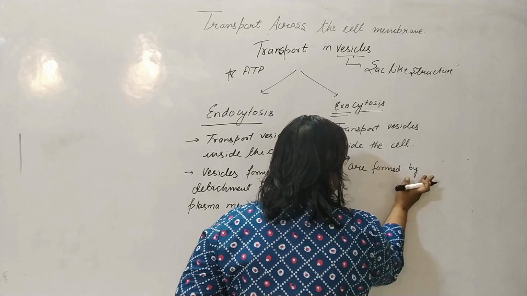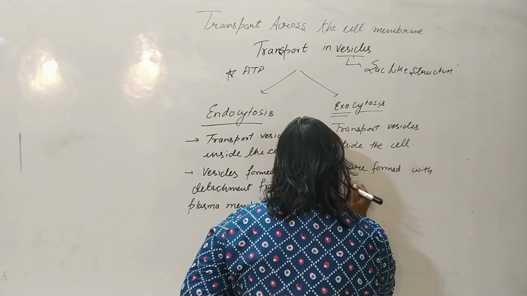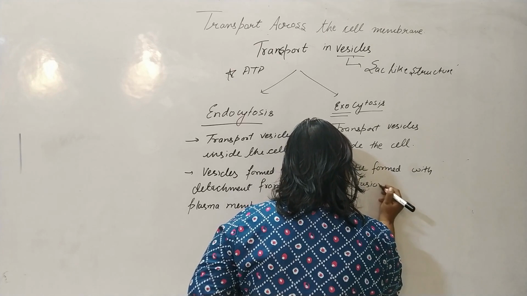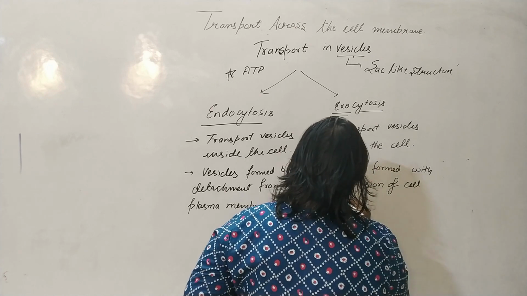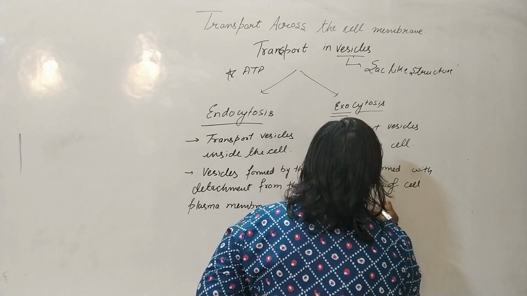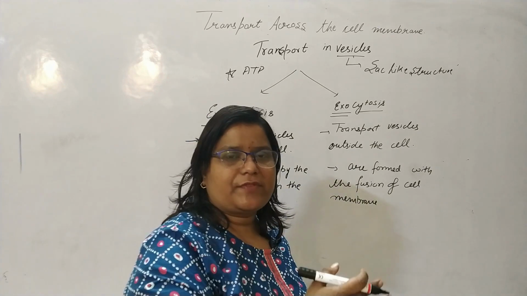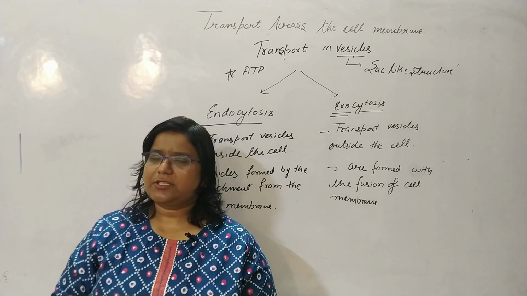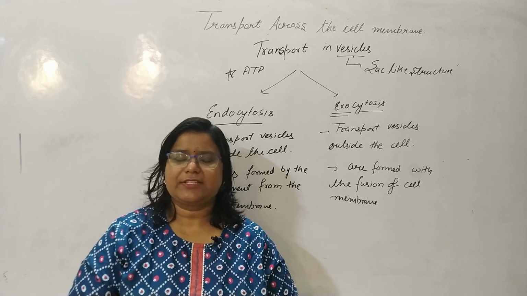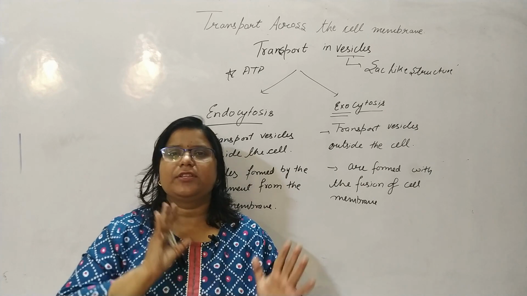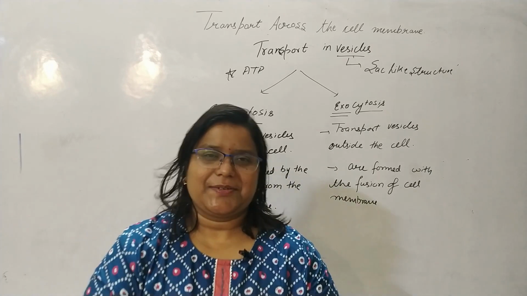Here the vesicles are formed by the fusion of the cell membrane. It means in the exocytosis process the vesicles are formed by the fusion with the cell membrane, and in the endocytosis process the vesicles are formed from the detachment of the cell membrane. Now we will discuss exocytosis and endocytosis in much more detail.